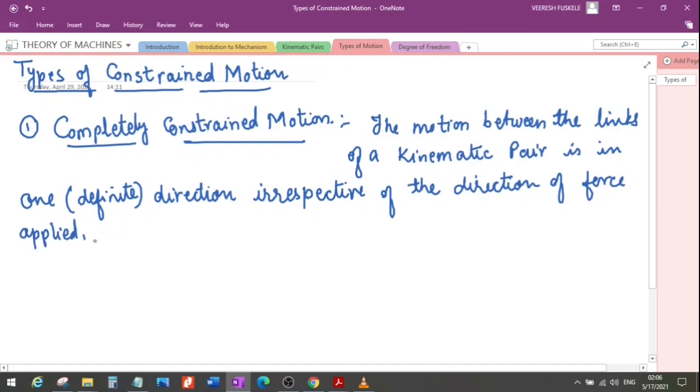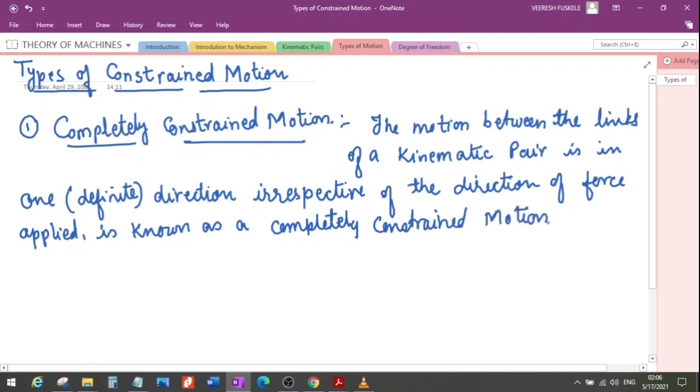Then this type of motion is known as a completely constrained motion, right?